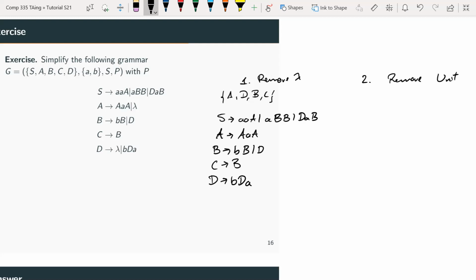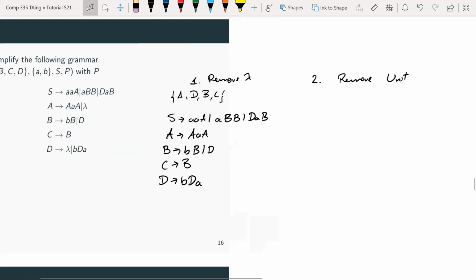Now, basically, I need to do this trick of replacing all combinations for all the production rules, because everything except S is a lambda production. So let's do that. For AAA, I can replace A by lambda, so I can get AA.